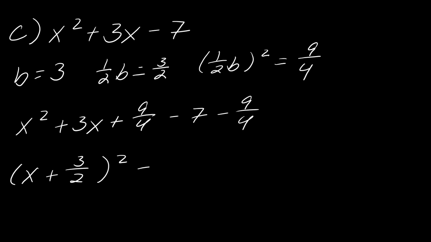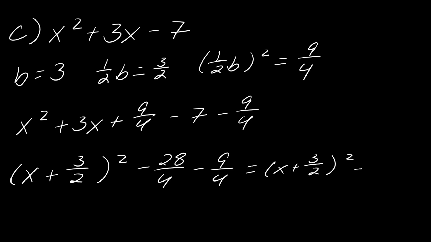And now the only other thing that I want to do here is get a common denominator, so I'll multiply this 7 by 4 over 4. So this becomes minus 28 over 4 minus 9 over 4. And so ultimately I get x plus 3 over 2 squared, and then that's going to be minus 37 over 4. And, well, it gets the job done.